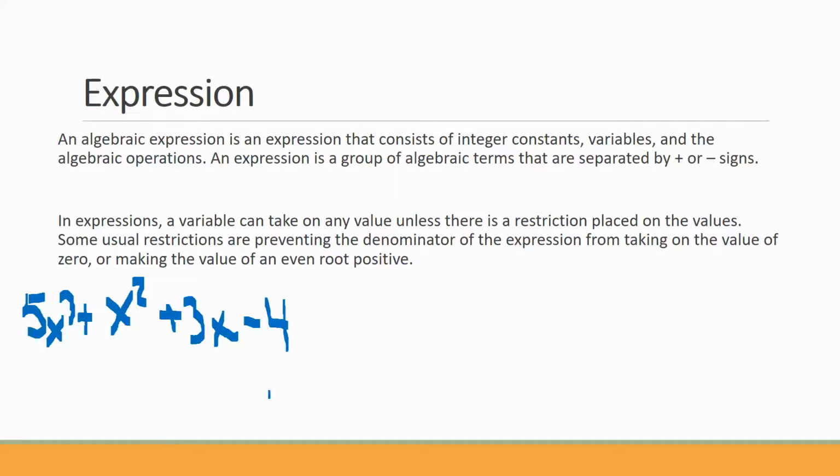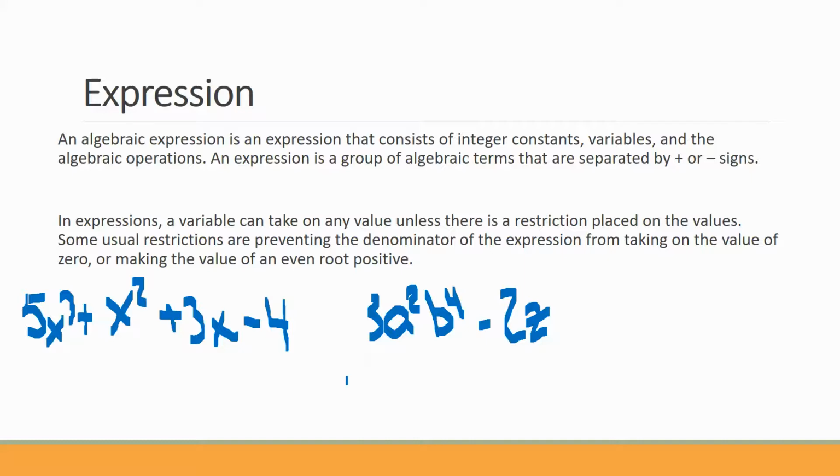But algebraic expressions can be any terms together. So 3a squared b to the fourth minus 2z. That's an algebraic expression.